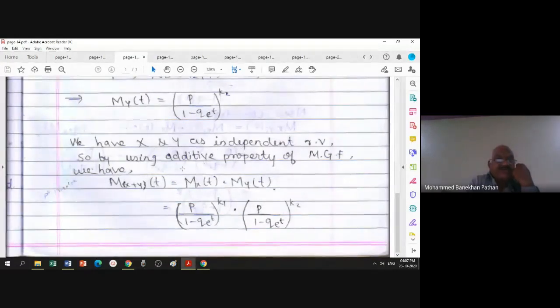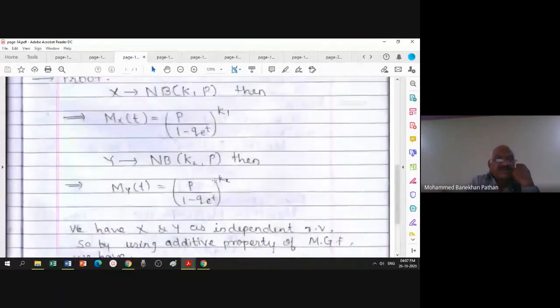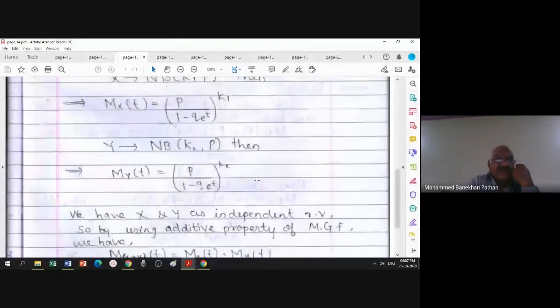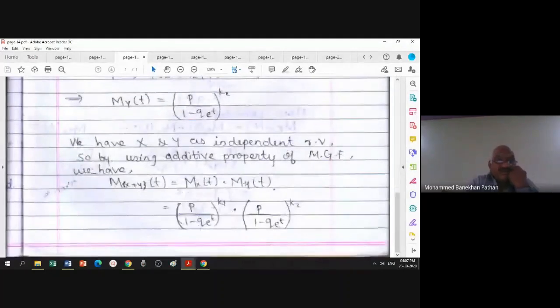I have MX(t) with me, and I also have the MGF of Y, so I put these expressions in place of MX(t) and MY(t). According to your school mathematics, a raised to m times a raised to n: if the base is the same, we add the powers. Here the same thing is happening.